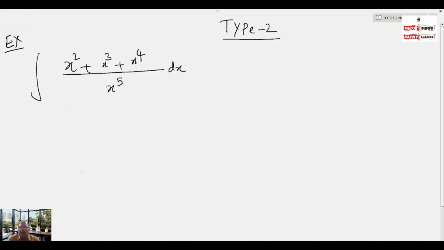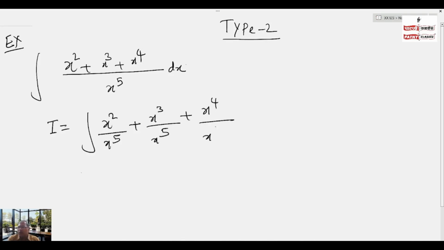Consider another example. Integration of x square plus x cube plus x raised to 4 upon x raised to 5 with respect to x. This can be written as x square upon x raised to 5 plus x cube upon x raised to 5 plus x raised to 4 upon x raised to 5 with respect to x.